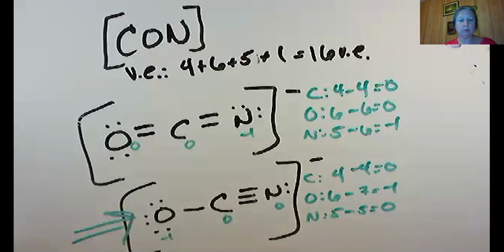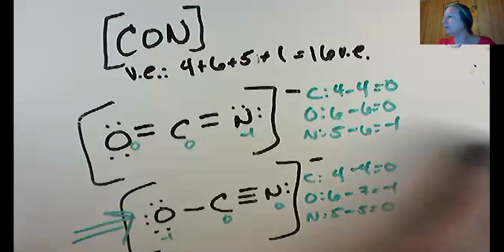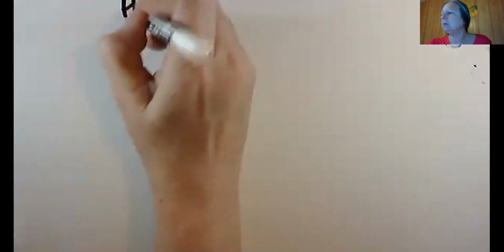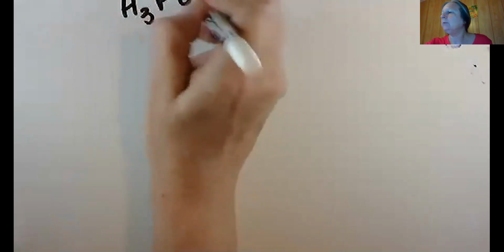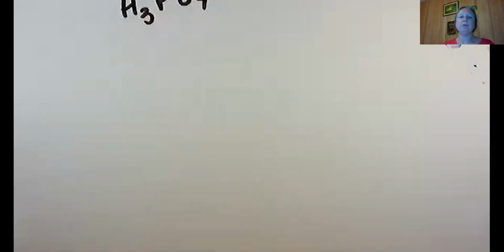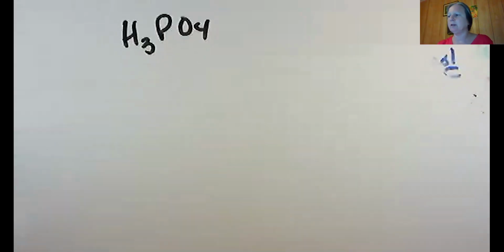Okay, one more. And that's phosphoric acid. Here's my notes. H3PO4. Now, I want to use this to point out something that I told one class and forgot to tell another.